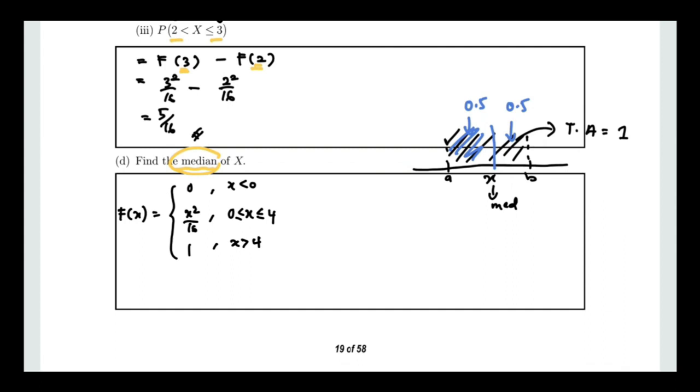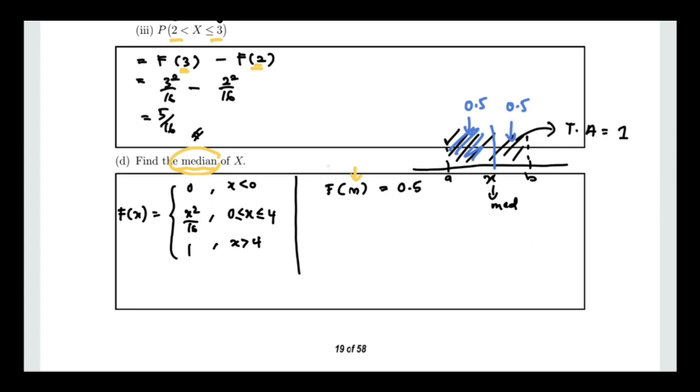Okay, for the notation, we can write F of m equals 0.5. Why is it m? It's just optional. You can write it as F of x, but m refers to the median, and m is actually the value of x.